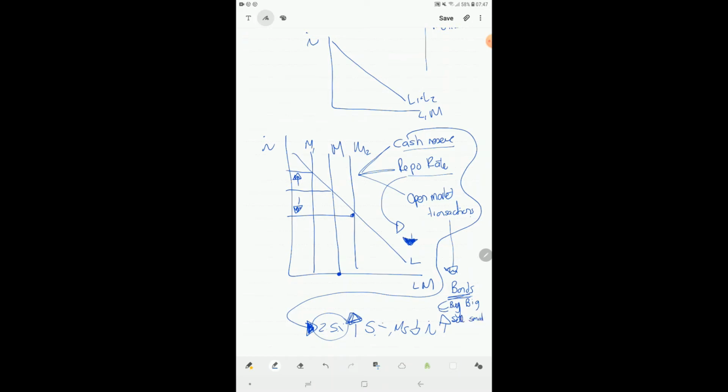So if you buy government bonds, money supply will go bigger. It will increase. And we saw that if money supply increases, it will result in a decrease in the interest rate. And if you sell government bonds, money supply will decrease, which will cause an increase in the interest rate. And that is the demand and supply of money.